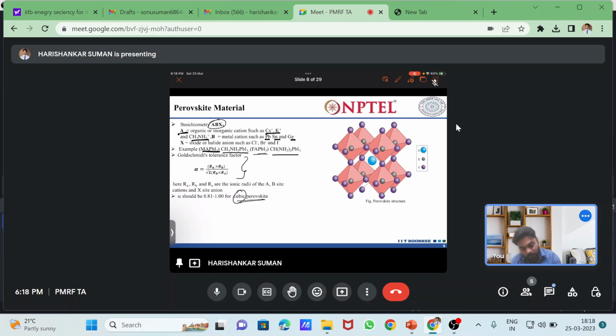So alpha equals (RA + RX) divided by root 2 times (RB + RX). What are RA, RB, RX? They are the ionic radii of the A cation, B cation, and X anion respectively. It should be 0.81 to 1 for cubic geometry.